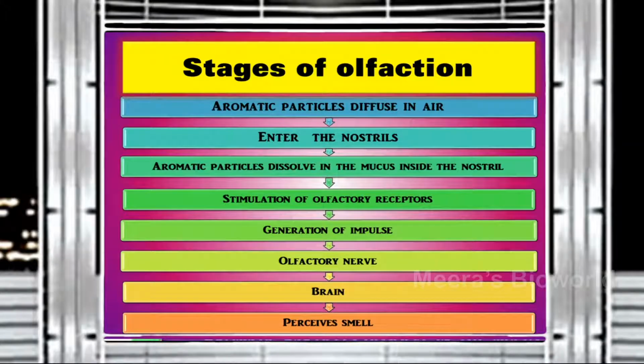Stages of olfaction: aromatic particles diffuse in air and enter the nostril. Aromatic particles then dissolve in mucus inside the nostril. Stimulation of olfactory receptors causes generation of impulses which are carried by the olfactory nerve to the brain.